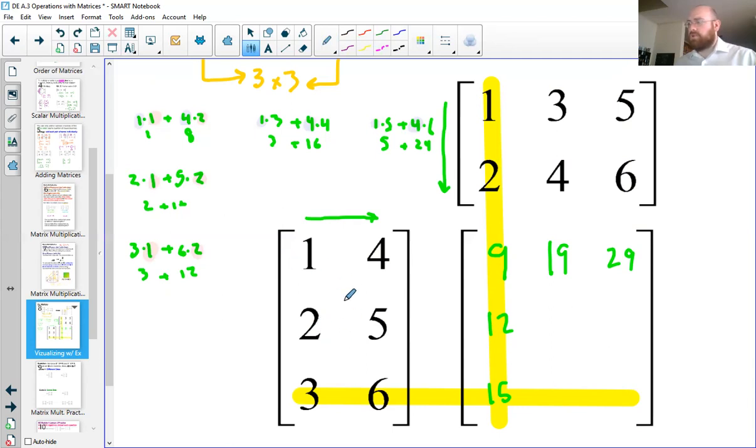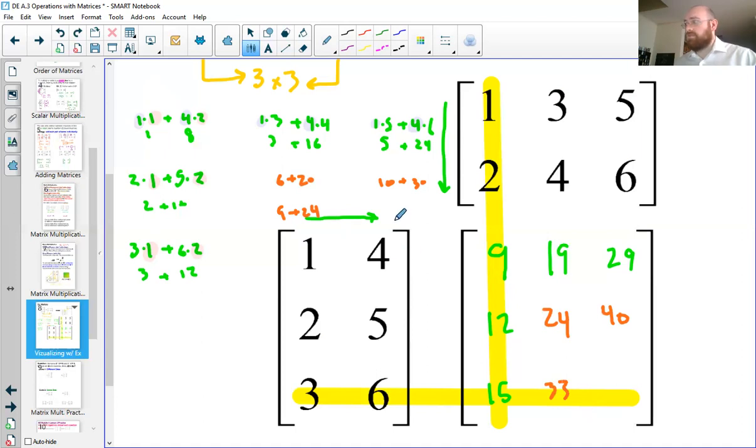So for this next one, we have 2 times 3 is 6. And then 5 times 4 is 20. So 24. Then we have 2 times 5 is 10, plus 5 times 6 is 30, so 40. Then we have 3 times 3, so 9, plus 6 times 4, 24, 33.